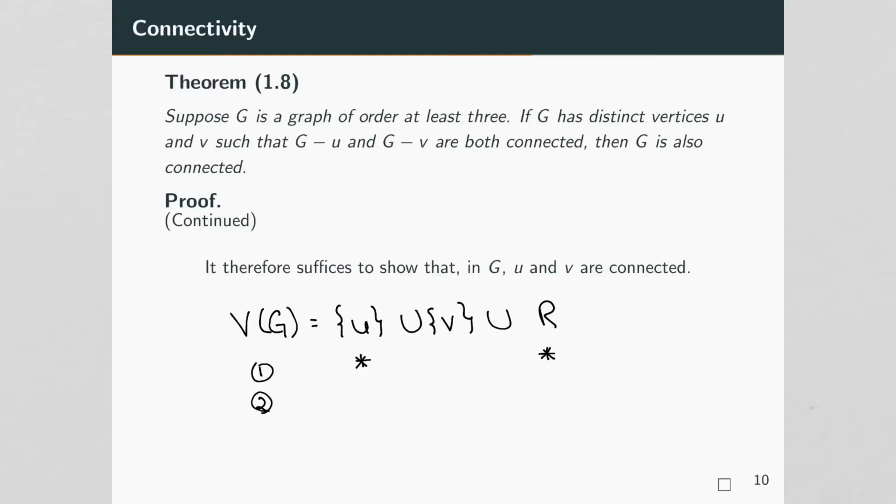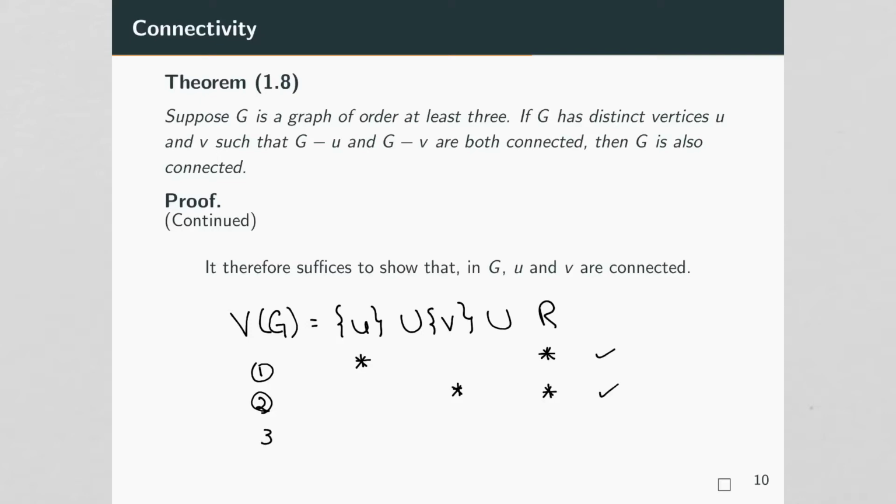If you want to check that V is connected to everything in R, we know that's true because G minus U was connected. We took out U and looked at things in V and R when we looked at G minus U, and that worked. So those two situations worked.